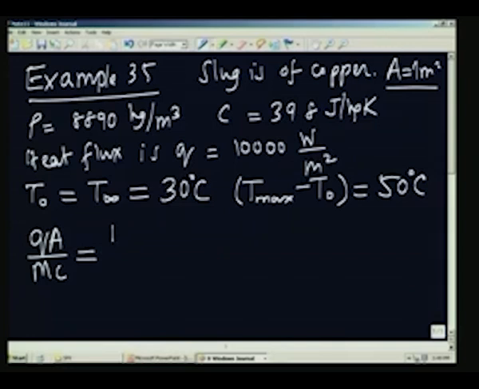So, Q is 10 to the power of 4 or 10,000 divided by the mass of the slug, thickness has been given as 3 millimeters, and you see that the mass will be nothing but rho into volume. Rho into the volume is nothing but A into delta. So, this becomes simply rho into delta, because A will cancel off with that A.